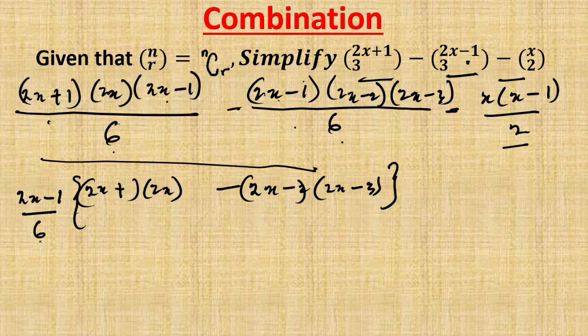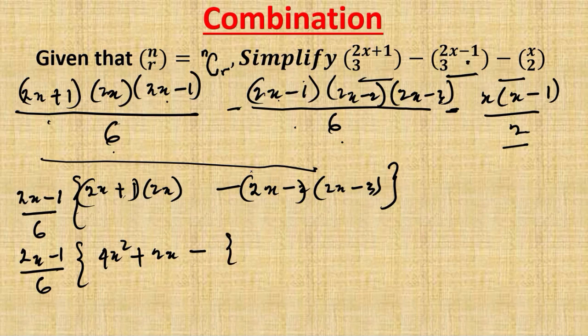Now we can expand the brackets inside here. That will be (2x minus 1) over 6 into 4x squared plus, there's a 1 here, plus 2x minus, now let's expand this.